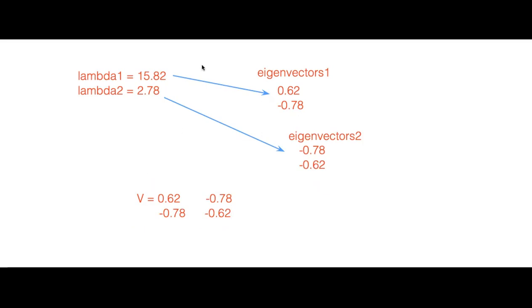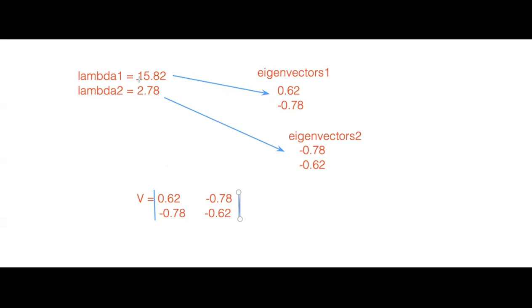So this is the matrix phi. The matrix phi will be like this. Then we will use this matrix for transforming the original features into principal components.